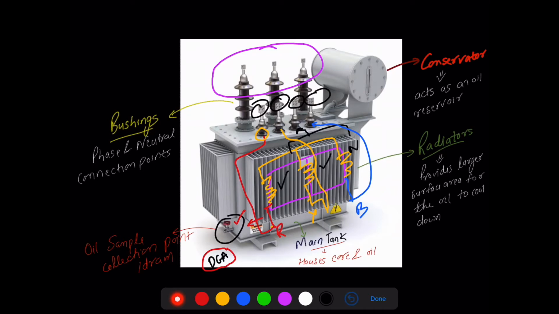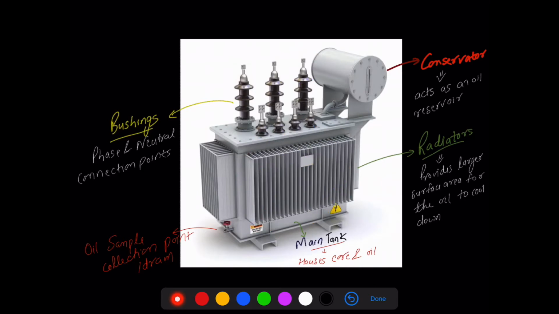Now sometimes the interviewers tend to ask you if you can, by observing the bushings of the transformer, tell whether it is a step up or a step down transformer. In that case, you have to ask the interviewer which is the primary side.